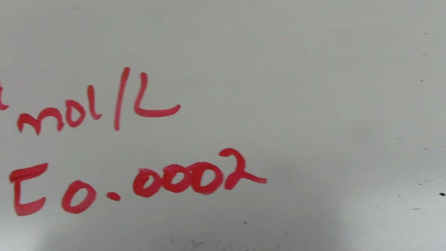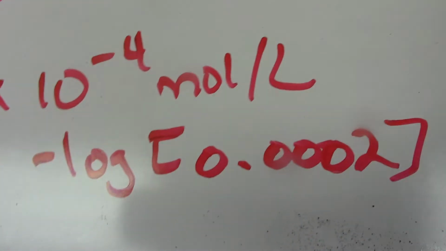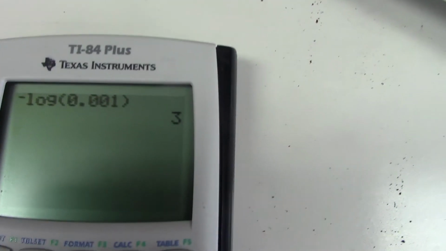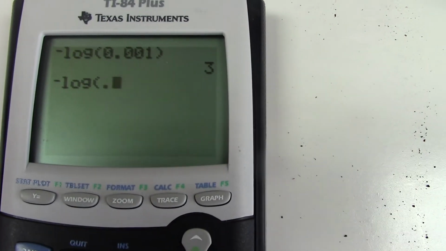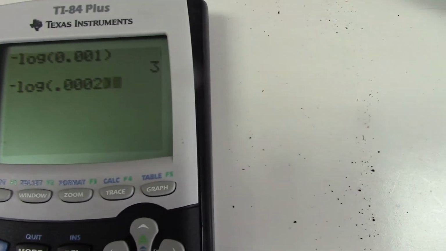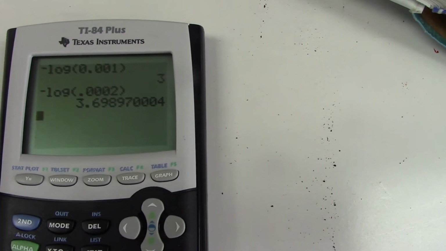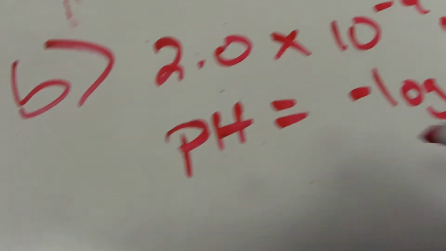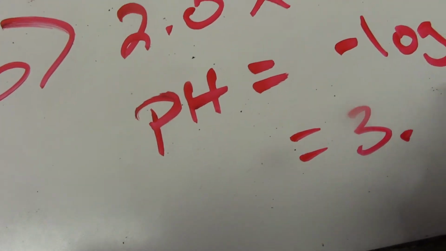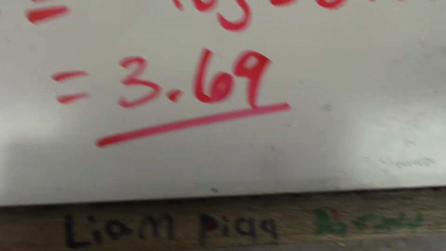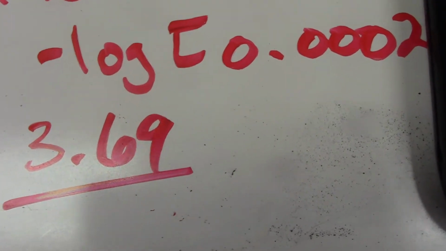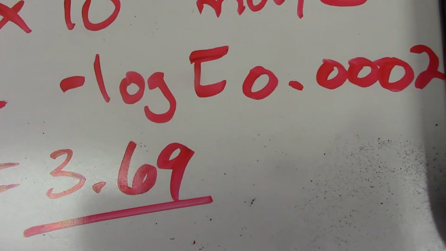Counting 1, 2, 3, 4 is how many times I move the decimal place over in order to get my negative exponent. So my negative log of 0.0002, and you can see that I get about 3.69. So the pH is 3.69.